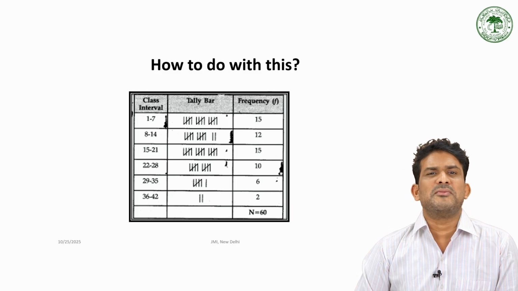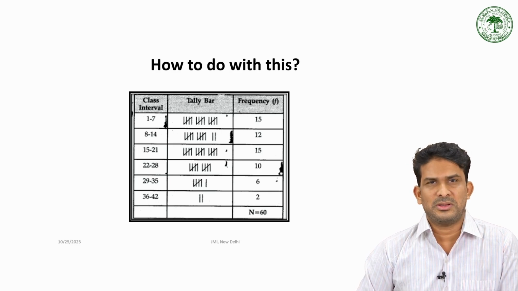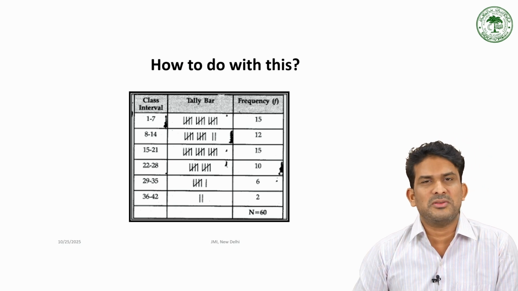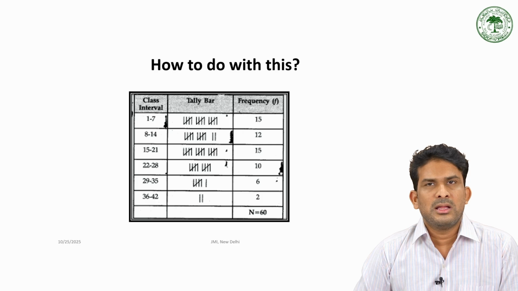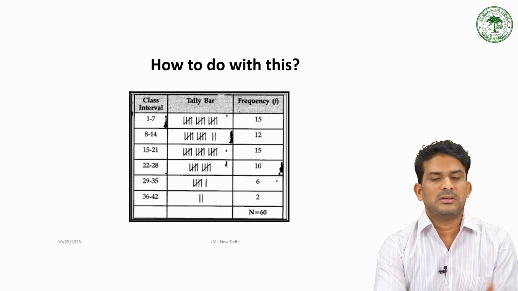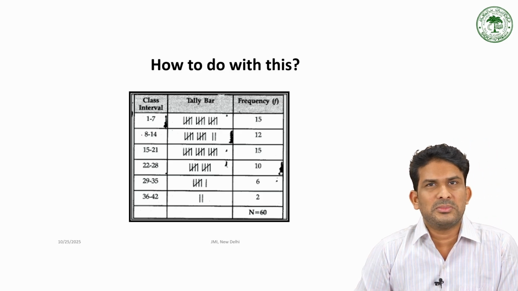If it is an inclusive distribution, we have to make it an exclusive distribution. Initially, you need not do everything to make it exclusive, but you can do that also. Generally, what we do is add 0.5 to the upper limit and reduce 0.5 from the lower limit.